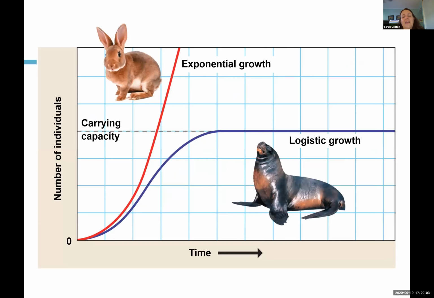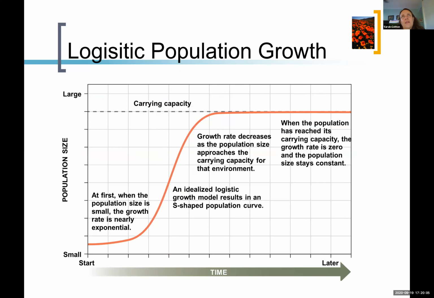All right. Now, if we just left the conversation here, it'd be really easy to think, well, exponential growth must not happen that often because it's just not that realistic. I mean, how many situations do you have where there are unlimited resources, right? Does that ever exist? And the answer is no, right?